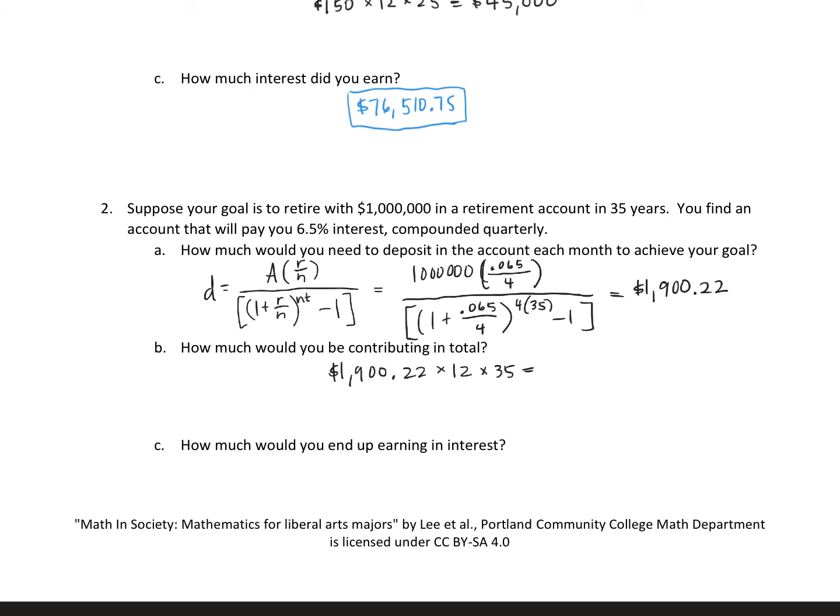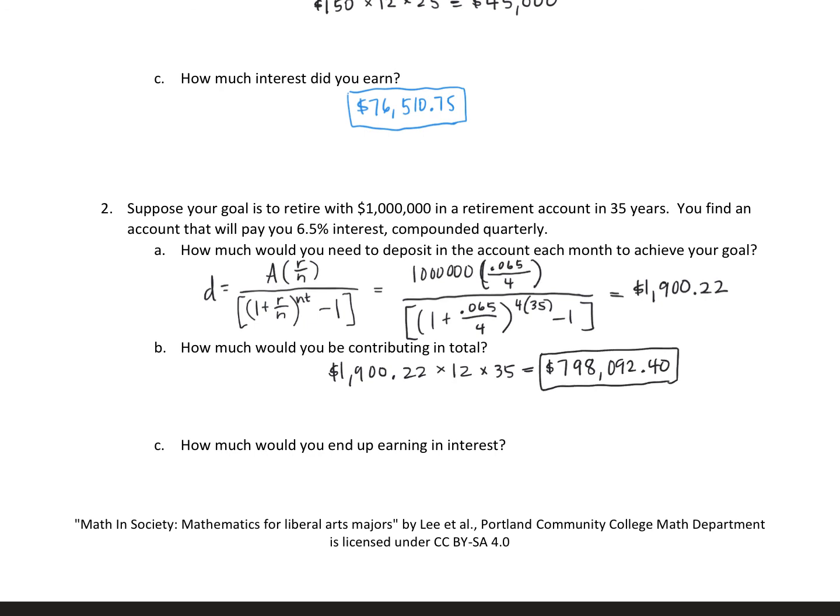So $1,900.22 times 12 is $22,802.64. That's how much per year. And then 35 years of that, we would be depositing $798,092.40. So that's how much we're contributing to the $1 million.